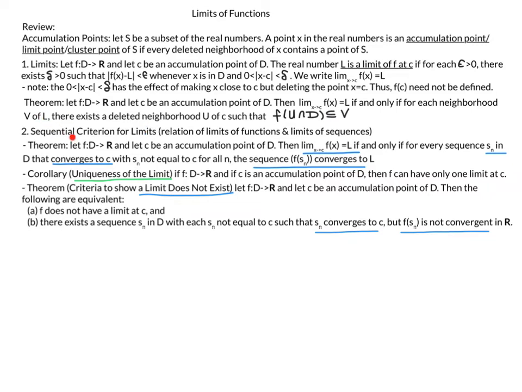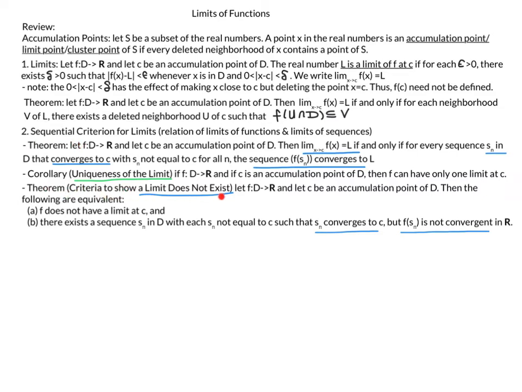So for the sequential criterion for limits, we have two theorems and a corollary. First, this theorem here tells us when a function f of x converges to L as x approaches c. And the criterion for this, how do we know that the function converges? Well, for every sequence Sn that converges to c, f of Sn will converge to L. The second theorem is almost the opposite of the first theorem.